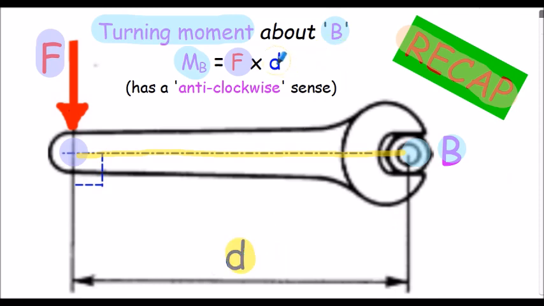So force multiplied by perpendicular distance from the point about which we're considering the moment is how we calculate the moment. Note for the illustration shown here, the moment is in the anti-clockwise sense. MB is anti-clockwise.